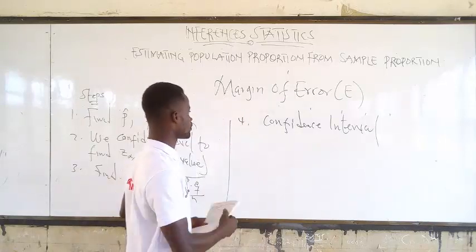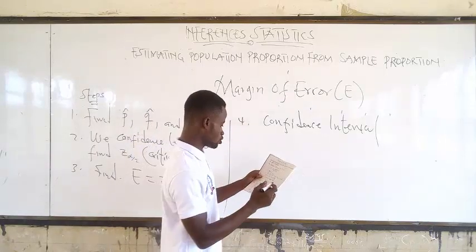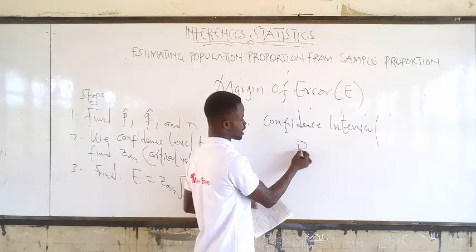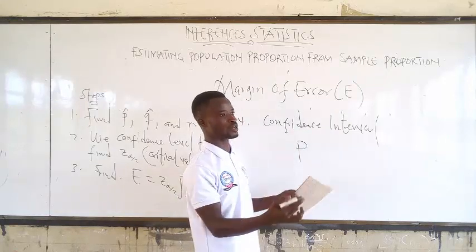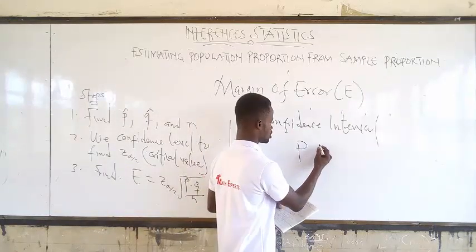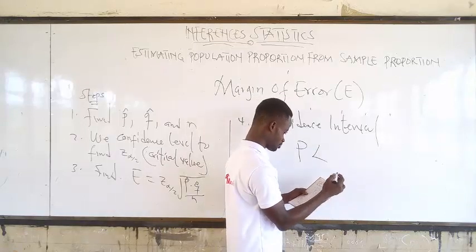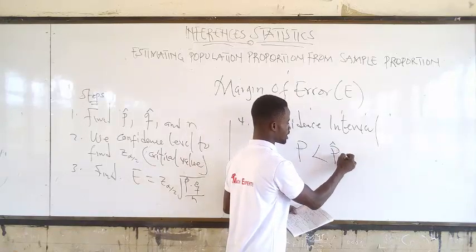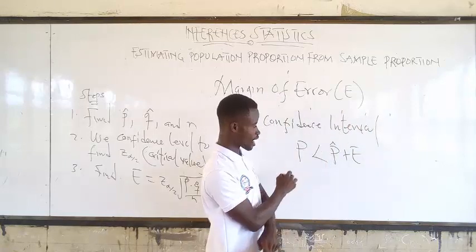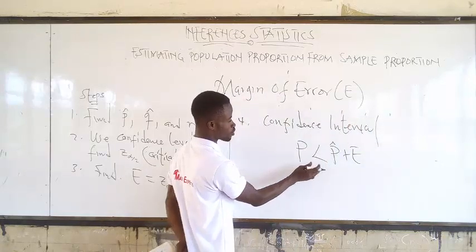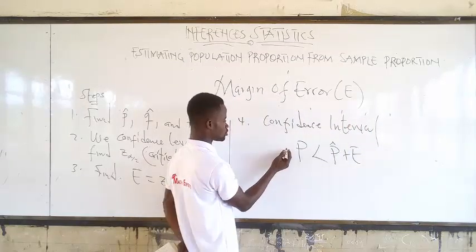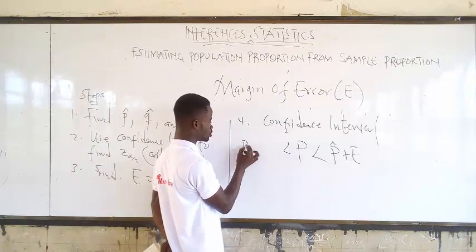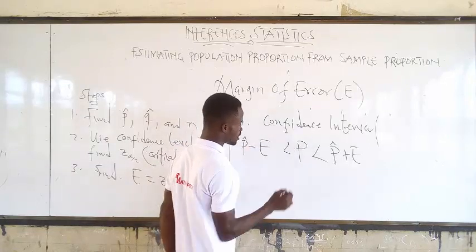Alright, so now the confidence interval. So that's going to be, let's say, the population proportion being less than the point estimate plus the margin of error. Alright. So this one will be the upper bound. Then we can get the lower bound to be P hat minus what? The error.